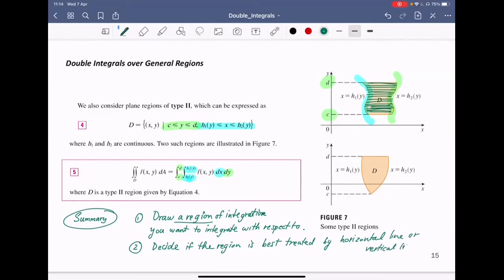I'm going to show you in a minute. Once you get a picture, you have to look at the region and decide if it is best treated by doing a horizontal line or vertical line.